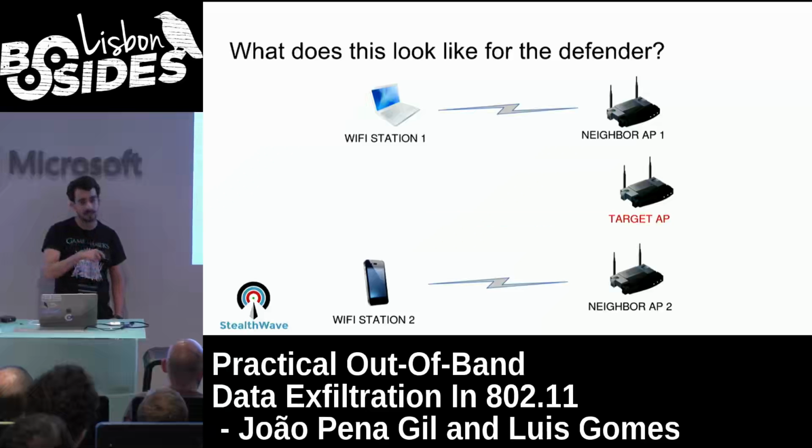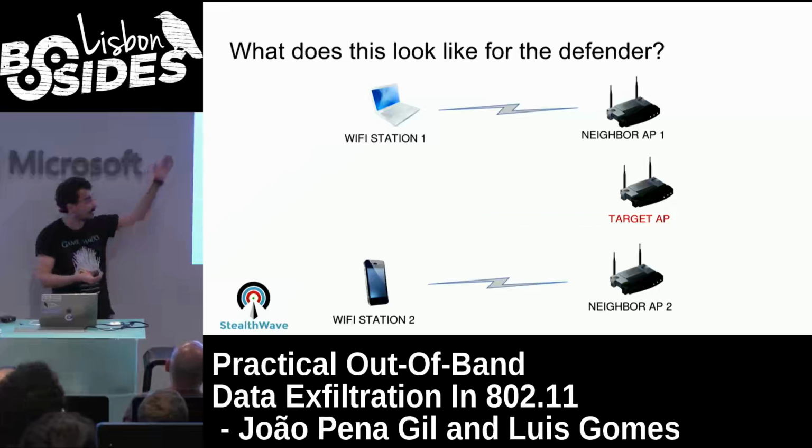The actual implant scans the neighboring APs, picks one that's at the appropriate signal strength, and then tries to emulate that AP sending a message to another station that's even further away that you can't see. So for the defender, they can only see half of the conversation. Because they're closer to the AP, the station is even further away, so they can only see half of it.